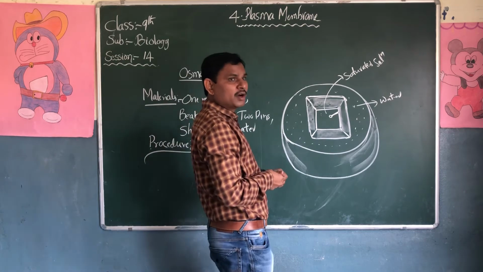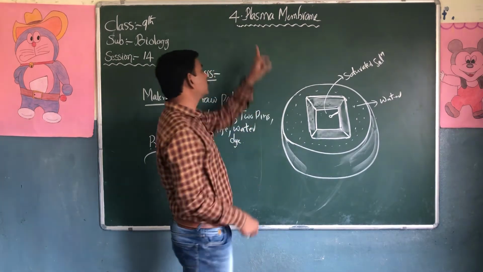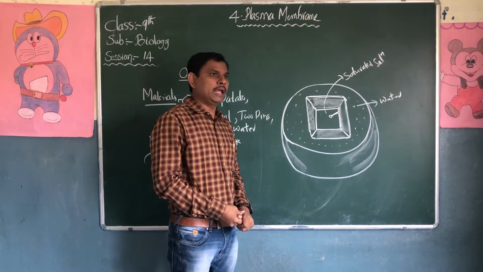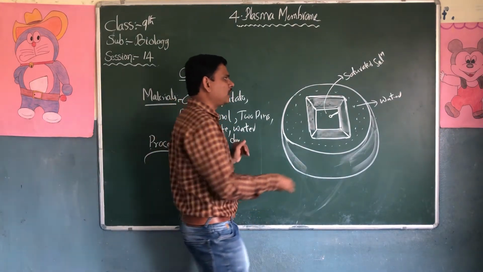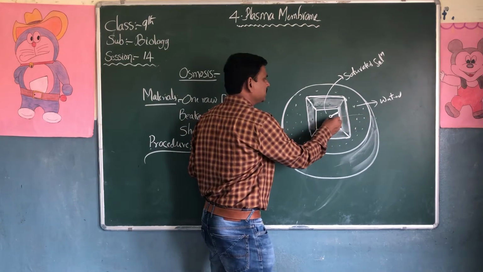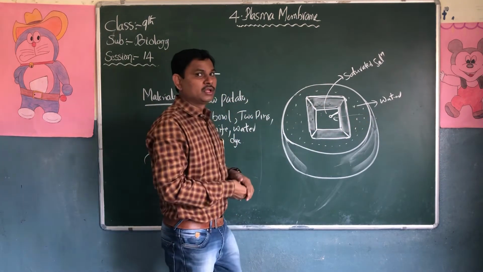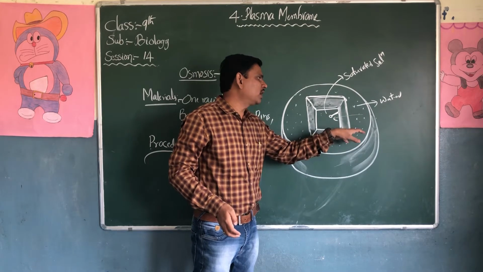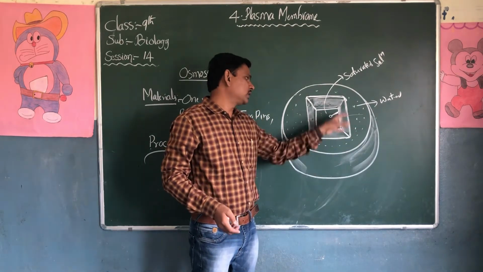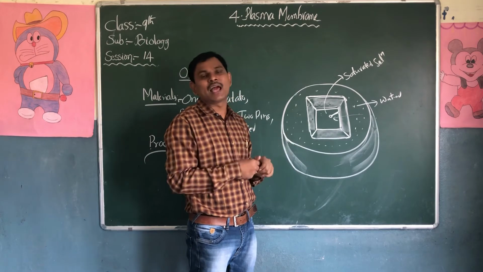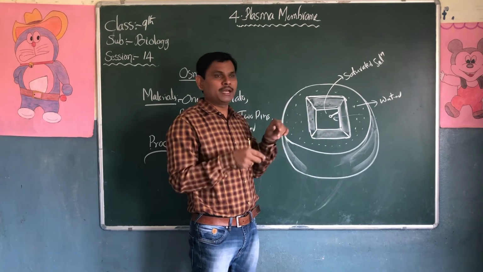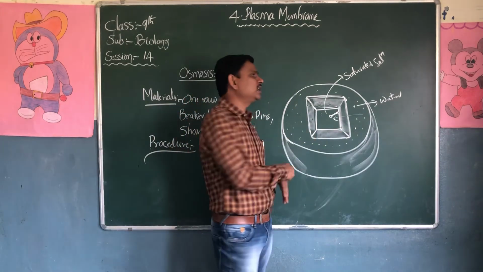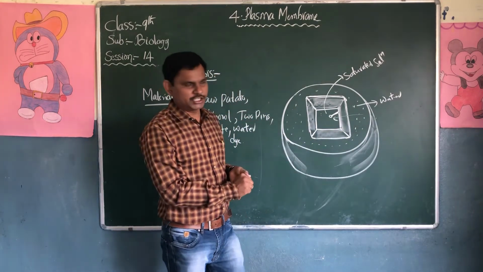After a few hours, what happens? Through the plasma membrane, the water moves from the low concentration into the high concentration. The water moves from the bowl, from the beaker, into the potato through the small pores in the cell. The plasma membrane is there, and through the membrane the water will always move toward the high concentration.